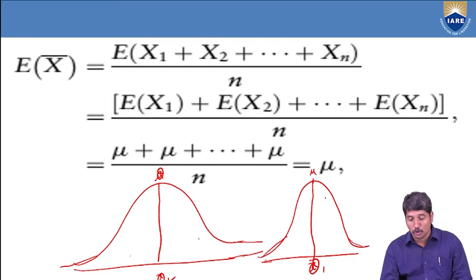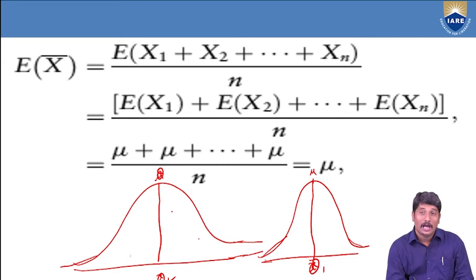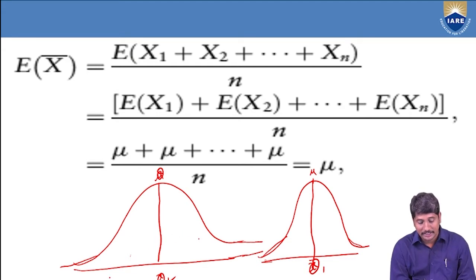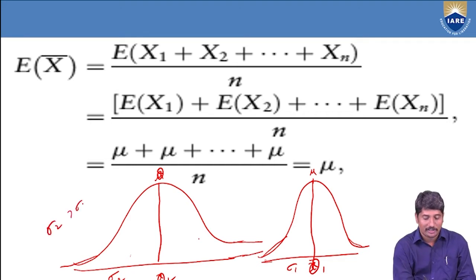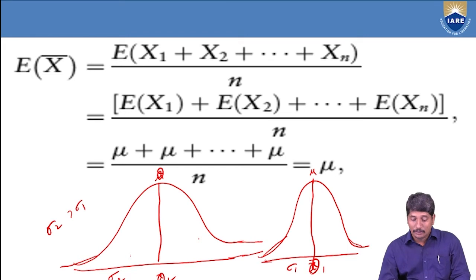Here you can store the whole data within less space, but here you need more space to store the data. This is due to the standard deviation. Here the standard deviation is high, sigma 2; here it is sigma 1. The spread or range of the data for theta 2 is greater than for theta 1. That is why theta 1 is called a more efficient estimator than theta 2.